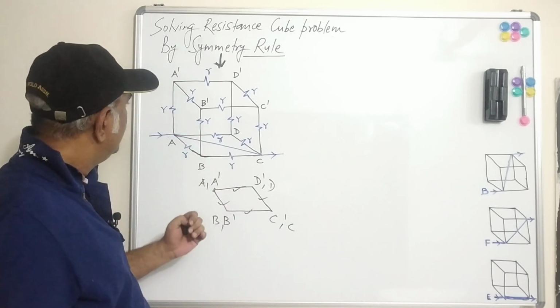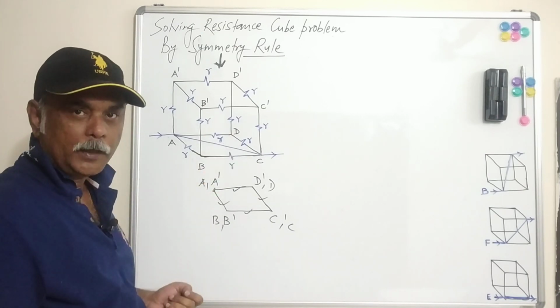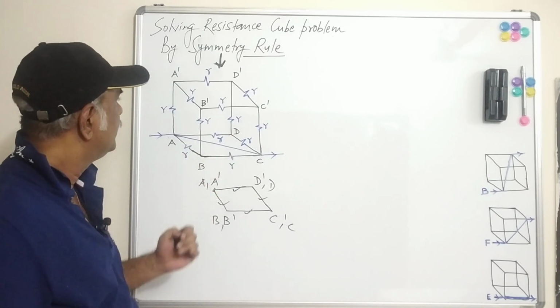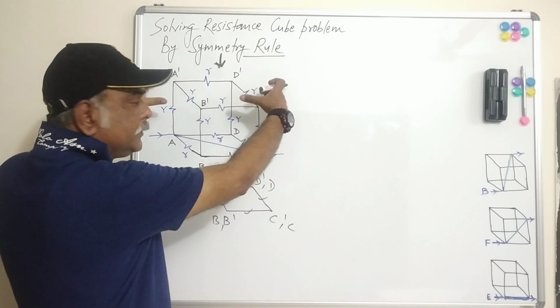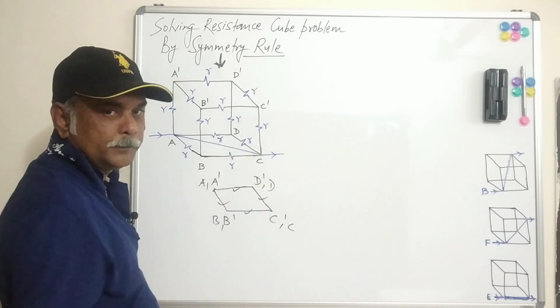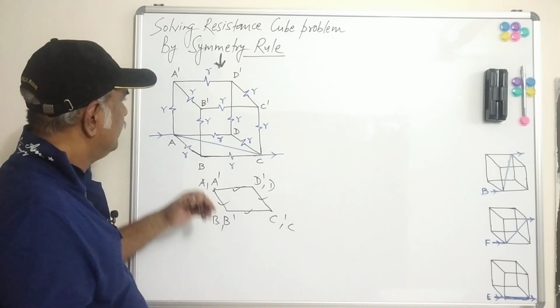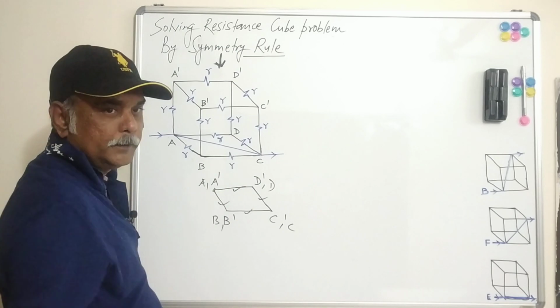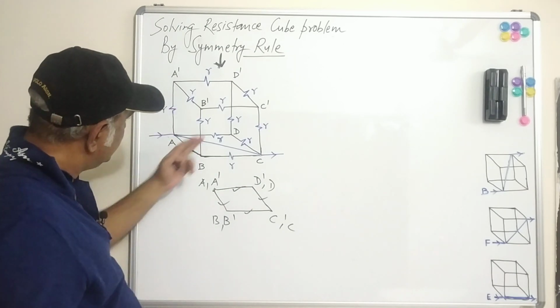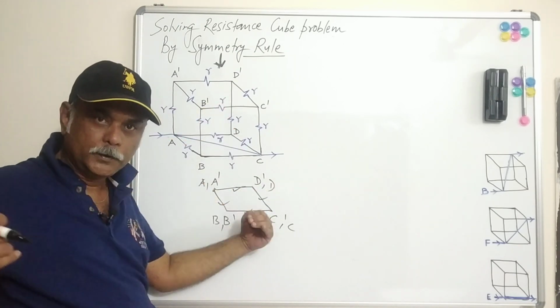We want to see all the resistances at the same time. For doing that, you grab the upper part and squeeze it slightly. Think carefully. Grab the upper part and squeeze it slightly. In that case, these resistances will be spreading out, isn't it?